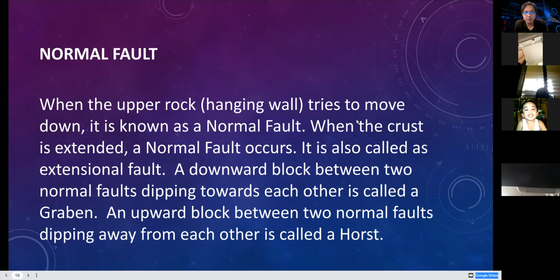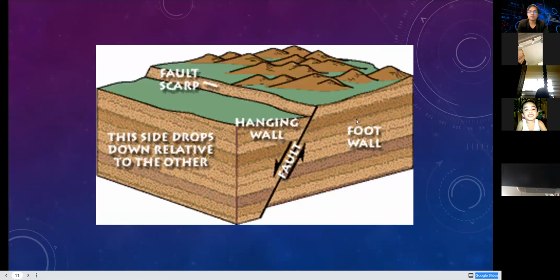The downward block between two normal faults dipping towards each other is called the graben. Let's take a look at graben later. And the upward block between two normal faults dipping away from each other is called the horst. If you look at this one, this is your foot wall and this is your hanging wall.